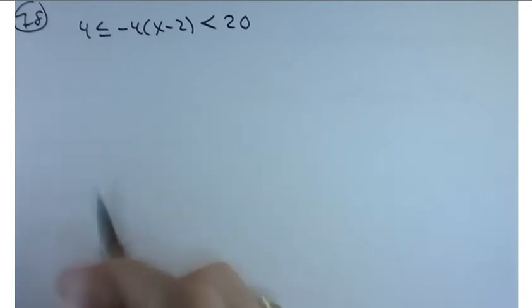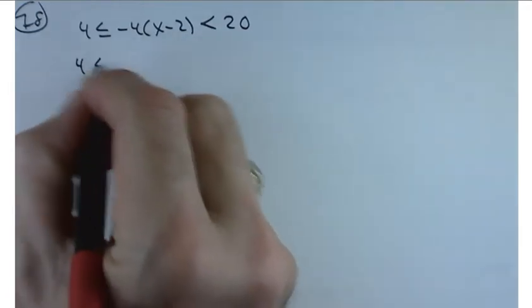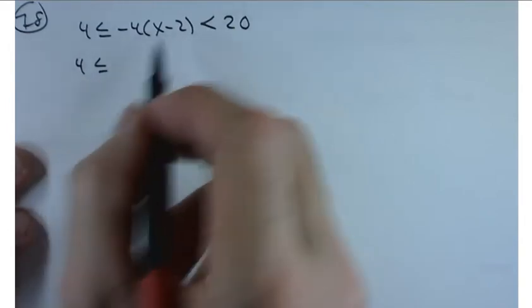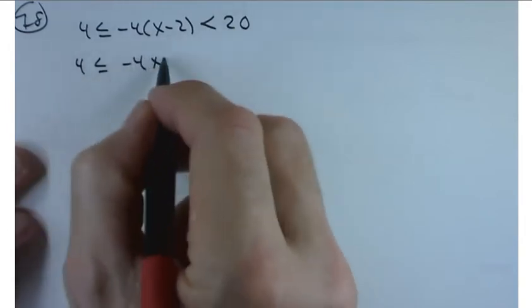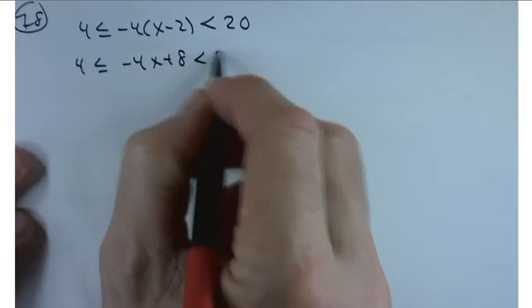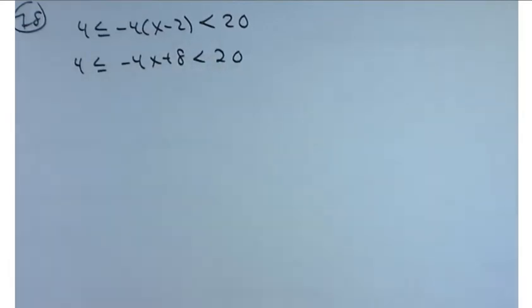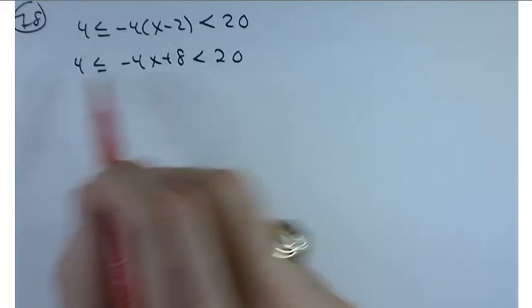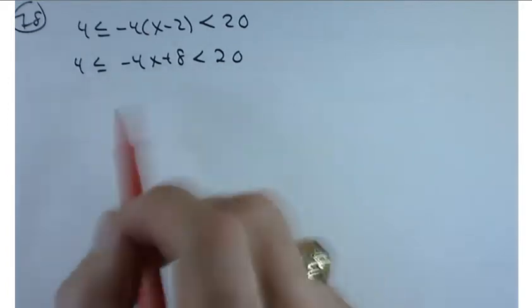The way most people are going to solve this is to distribute first. So let me do the same thing. But what's different about this? This is a double inequality, so you have to be a little bit careful. We're going to have to work with all three parts of this inequality at the same time.